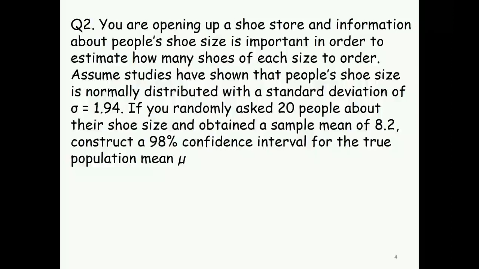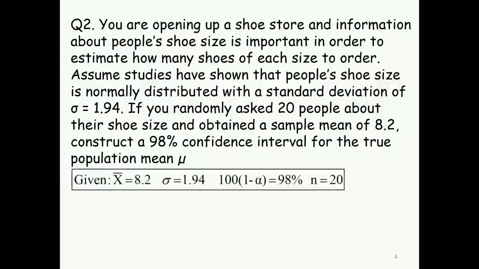98%, alpha is 2%, to the right 1%, to the left 1%. Sample mean is given, so this is the information which is given, 98%, and 20, we have to find 0.01. So 98% means alpha is 2%.